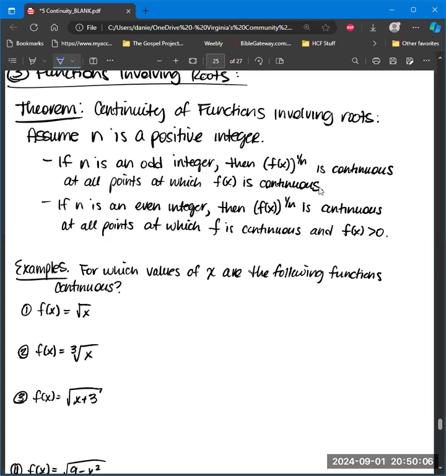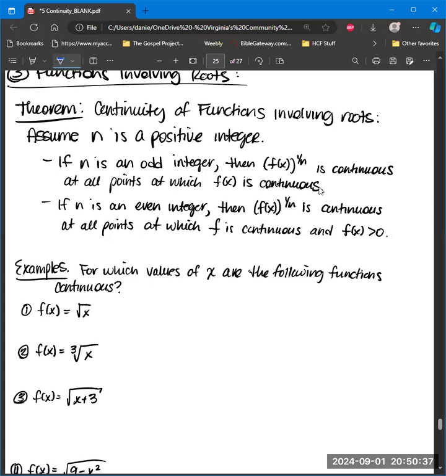But we have to watch out for when n is positive and even, then we are only continuous for f of x to the 1 over n at all points for which f is continuous and f of x is greater than 0. If it's equal to 0, we're not continuous there because we only have a limit from one side. So that's why it doesn't say or equal to 0 here.